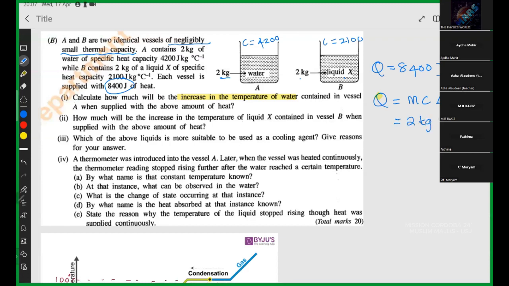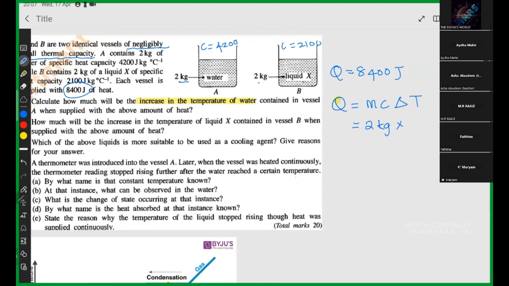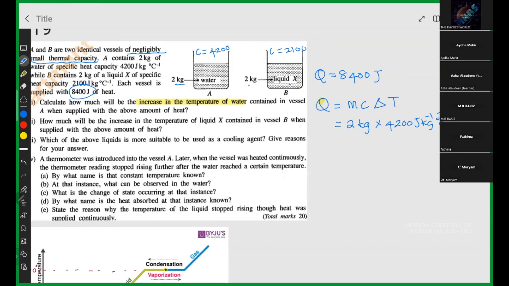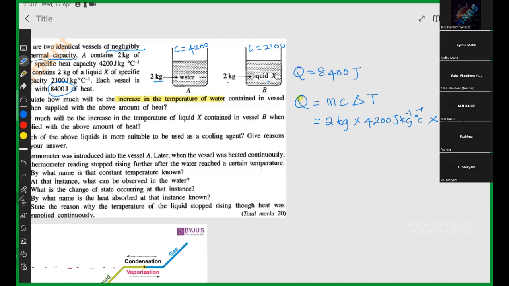What is the specific heat capacity of water? 4,200 joule per kilogram per degree Celsius. The change in temperature, or increase in the temperature of water, is what you need to find now. And Q is 8,400. It is very simple to get this answer. So you get the answer as 1 degree Celsius. Okay, everyone, any doubts in this?